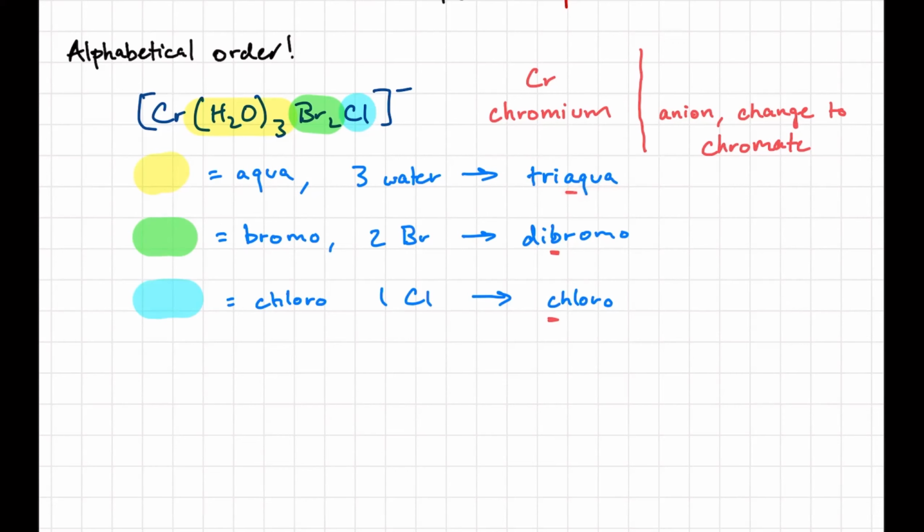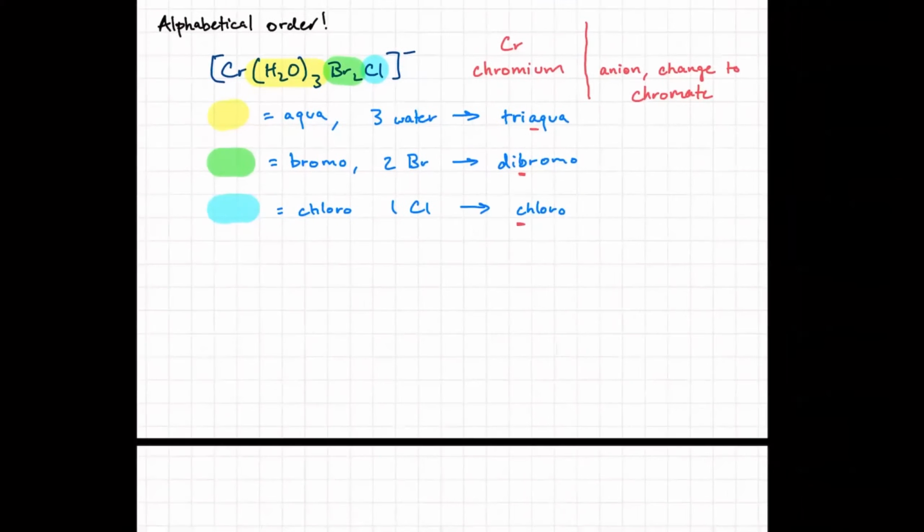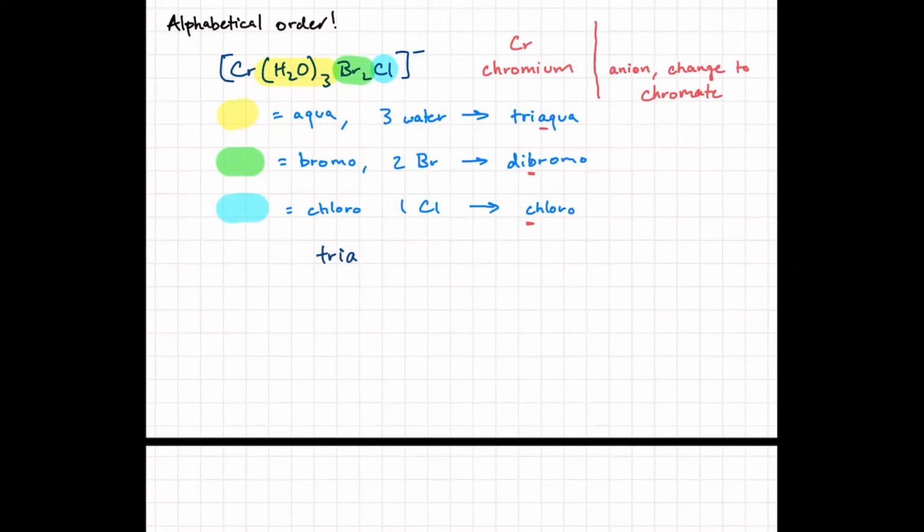So that's why we would start this name as triaqua, dibromo, chloro, chlorochromate.